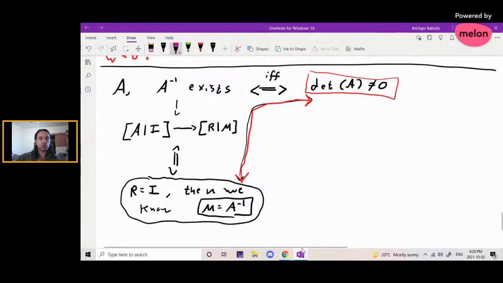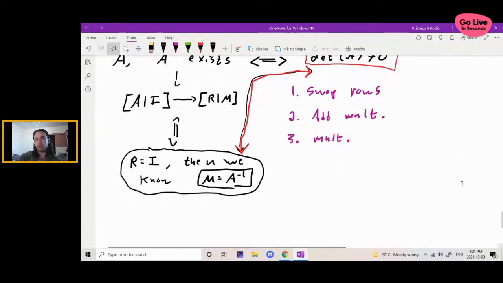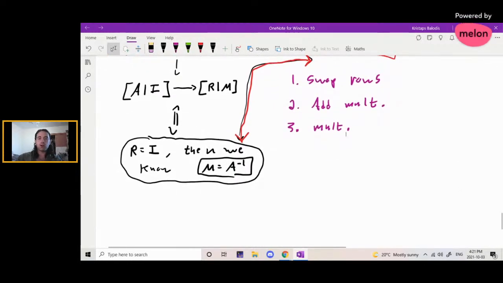Our row operations are, one, we can swap rows. 2, we can add multiples of a row to another row, and 3, we can also multiply a row by some scalar value. So all we really need to know is, what does each of these row operations separately do to the determinant?